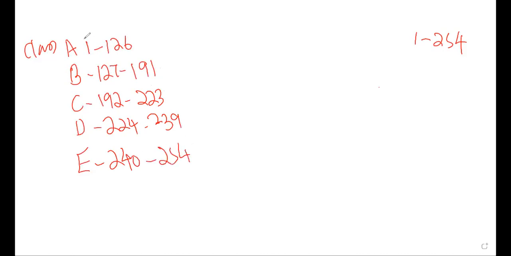So it starts from 1 and ends with 254. The IPv4 address has 4 octets. So when you see the first octet, you can tell which class the address belongs to based on the outcome.